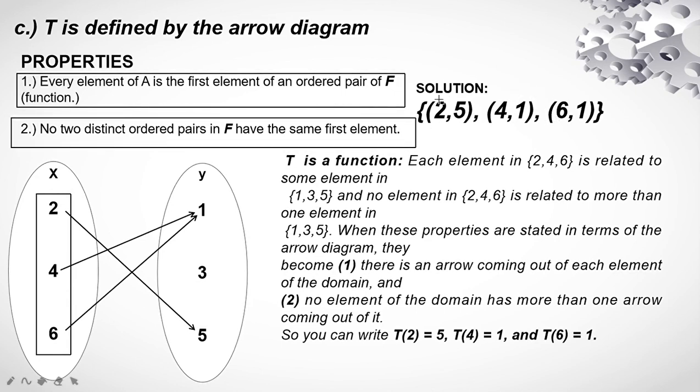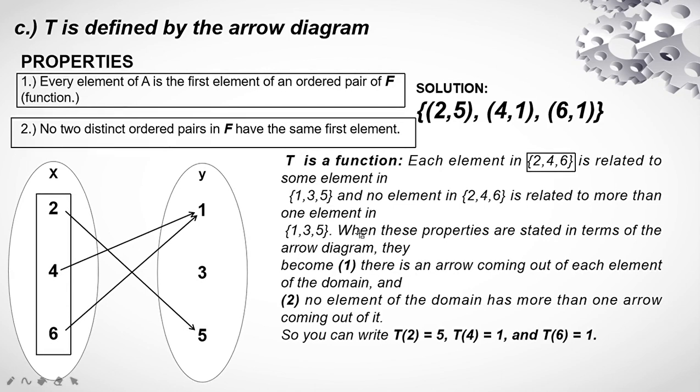So, these ordered pairs, nag-a-agree sila sa property 1 and property 2. So, this is function because each element in 2, 4, 6 is related to some element in 1, 3, 5, and no element in 2, 4, 6 is related to more than one element in 1, 3, 5. So, walang naulit dito sa mga element na dapat nasa unahan, no?